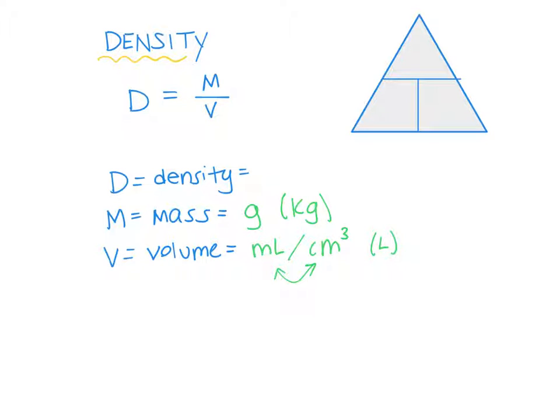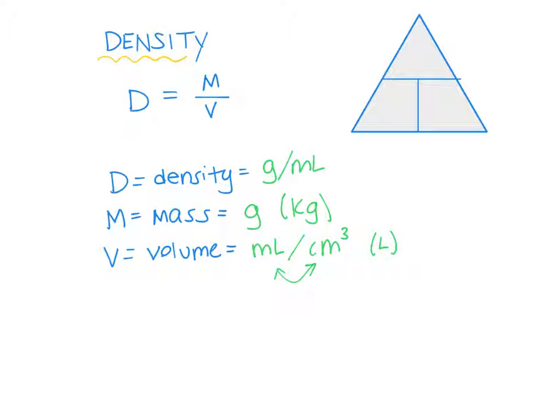Now the funny thing is the density unit kind of comes from the unit of mass and the unit of volume, because you see in the formula density equals mass over volume. So the unit comes from that same thing. So if the unit for mass that you used is grams and your unit for volume that you use is milliliters, well then the unit of density is grams per milliliter.